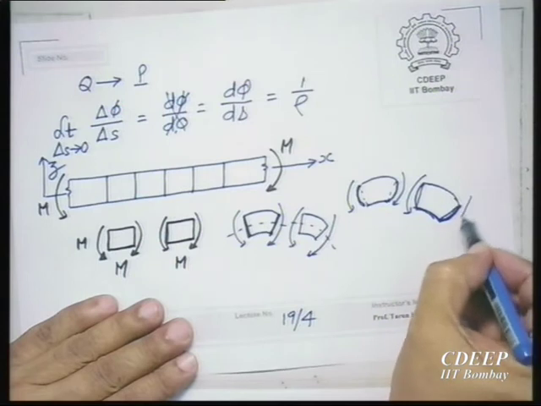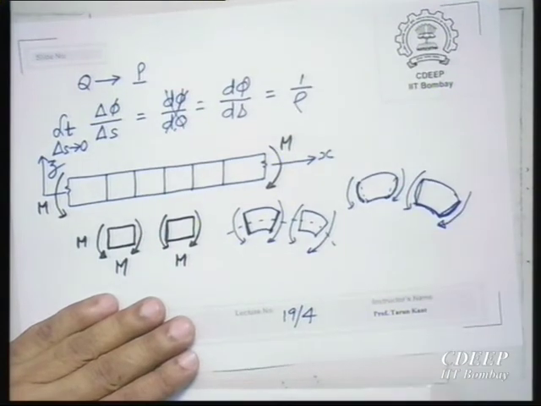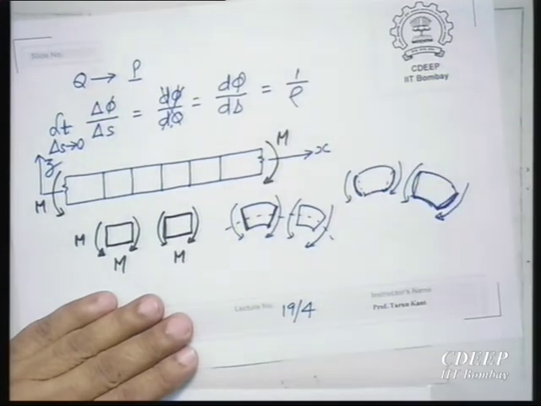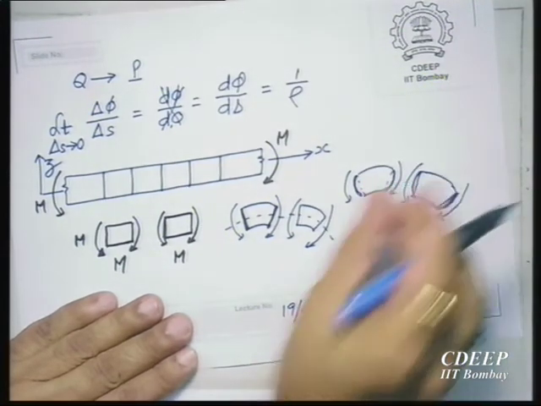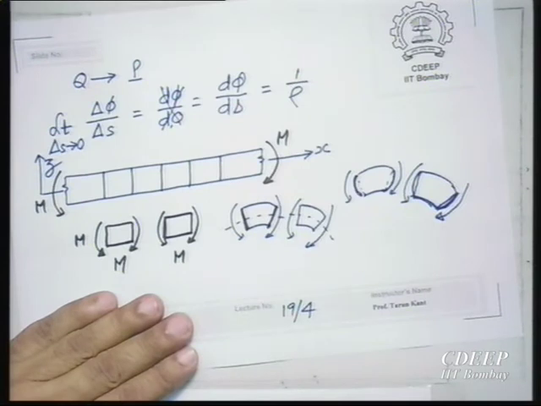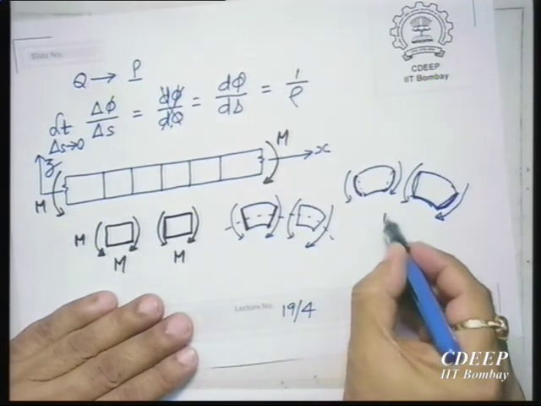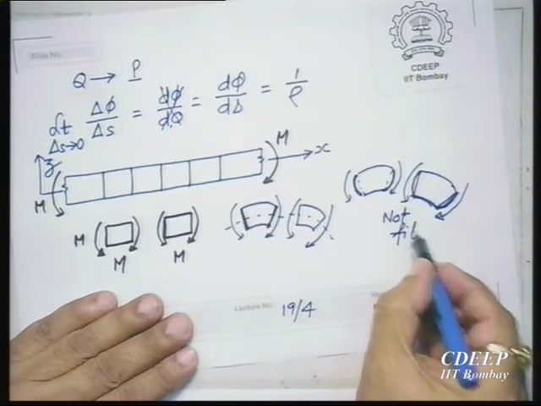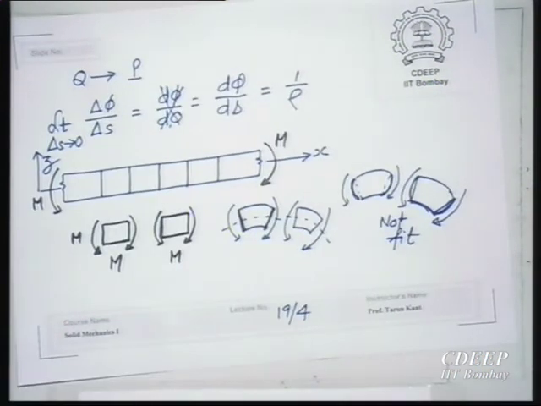I am just giving you this heuristic argument. But then try to bring it together. Will it fit? No, it will not fit. So there is a problem in our argument. If you say it bulges out, then the fitting will not work.